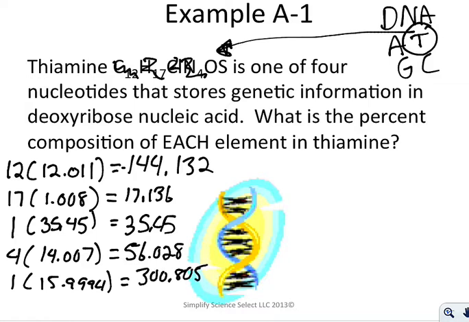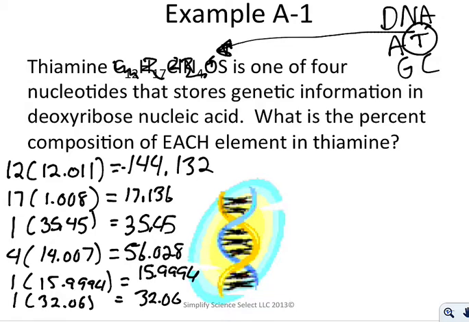And then finally, you have one sulfur at 32.06. Whoops, made a mistake here. This right here should have been 15.9994. You guys are probably wondering where I got that from.